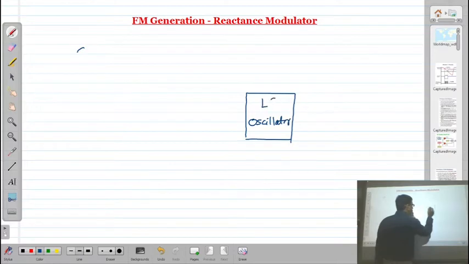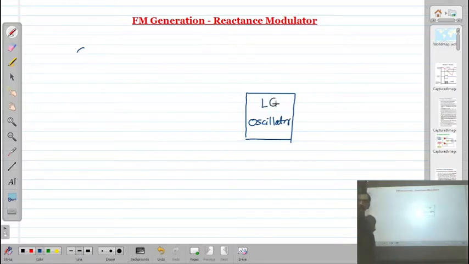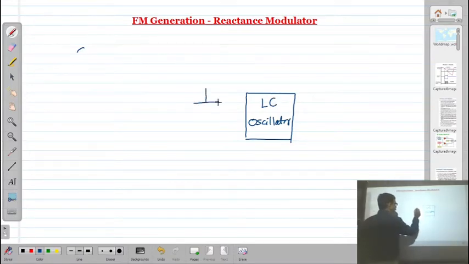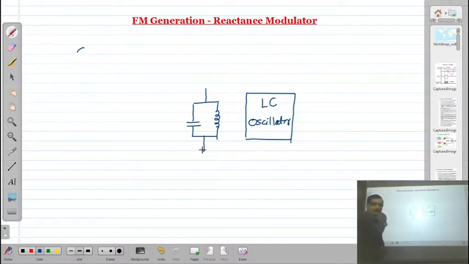And that will be an LC oscillator because you have to generate a high frequency. In an LC oscillator, there will be a tank circuit. Already we know, an inductor and a capacitor will be there.